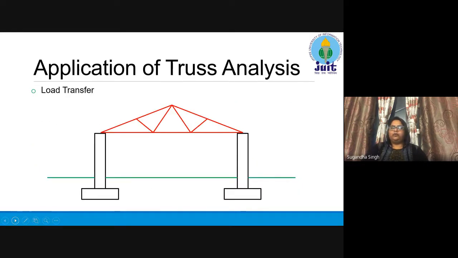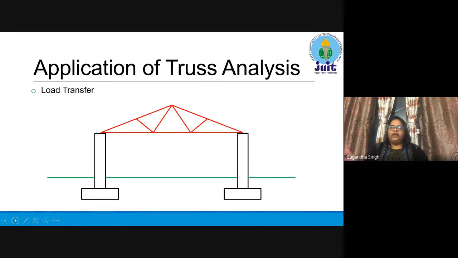Further, we want to understand what the application of conducting a truss analysis is. Why do we conduct this particular analysis? So the first application is how the load transfers within a structure. As I said before, a truss is supported on the columns, which are on the foundation, which is embedded within the ground.